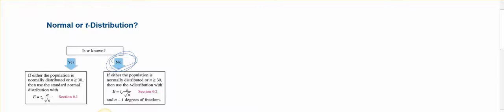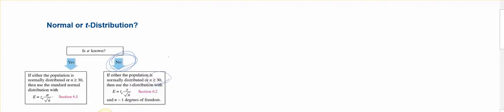And if either the population is normally distributed or n is at least 30, then you can use t. So you still need the population to be normally distributed. Otherwise, you need the sample size to be large, is how your textbook looks at this. But to be really honest, there's some wiggle room in that.